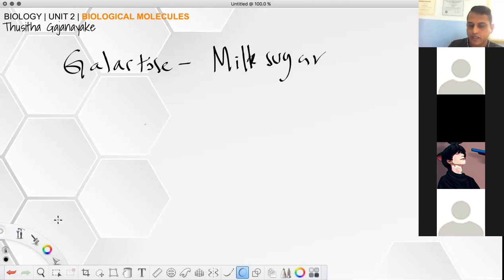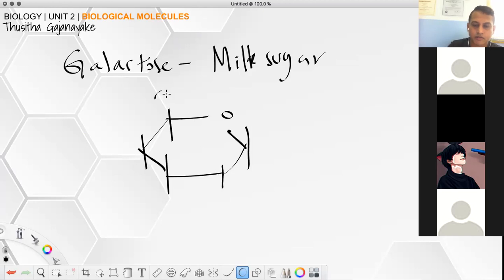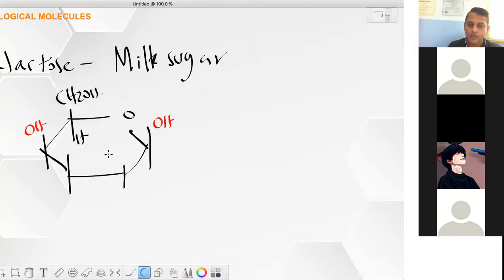Okay, again similar to glucose, it is like this. Now look at the difference from the glucose molecule. This OH is here, this OH is here. The orientation of OH on the carbon is different.